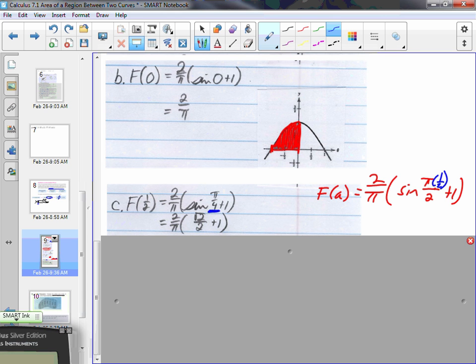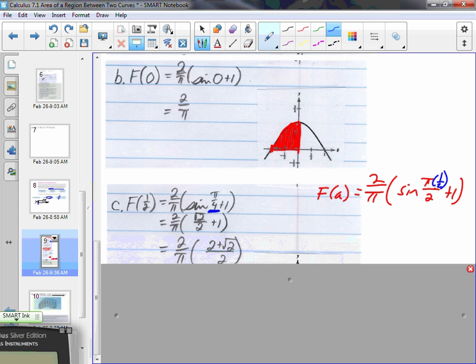And this one doesn't simplify all that well, but in the parentheses, if you get a common denominator, so think of that 1 as a 2 over 2, so you'd get the square root of 2 plus 2 over 2, and I wrote it as 2 plus square root of 2 over 2.